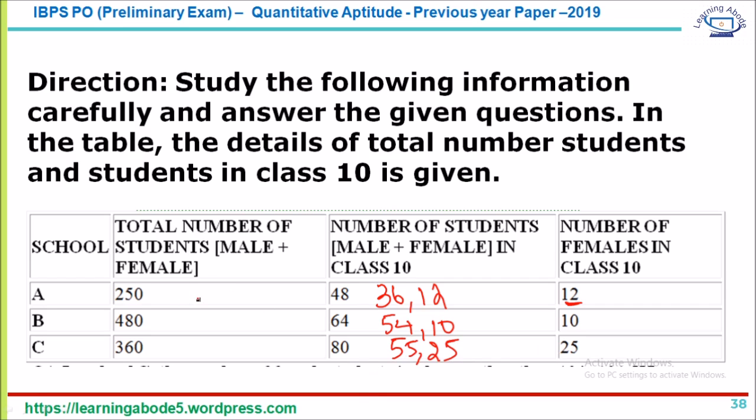Likewise here, out of 250, 202. Now the total number of students. So we'll check the question and then come back to this.